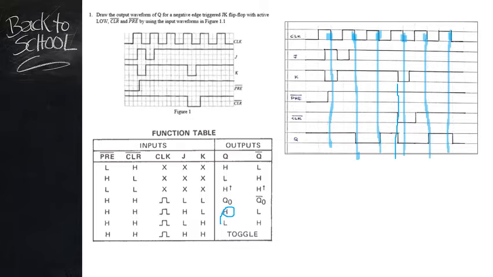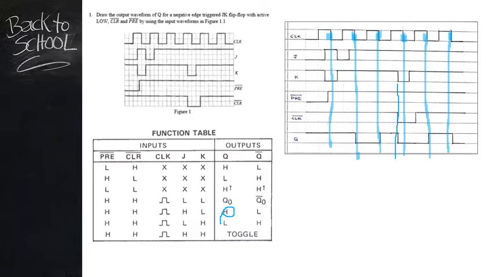So it will be reset, and at the fourth edge trigger, the preset is high and the clear is low. So the output will be low.